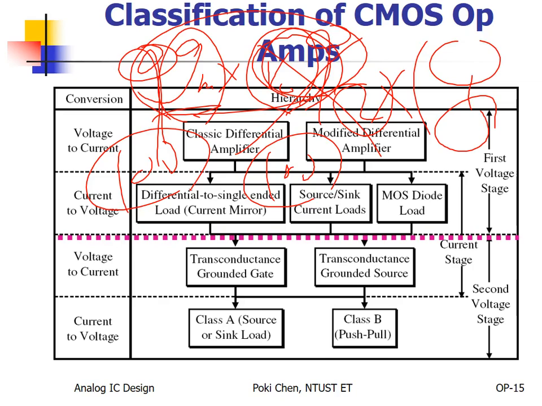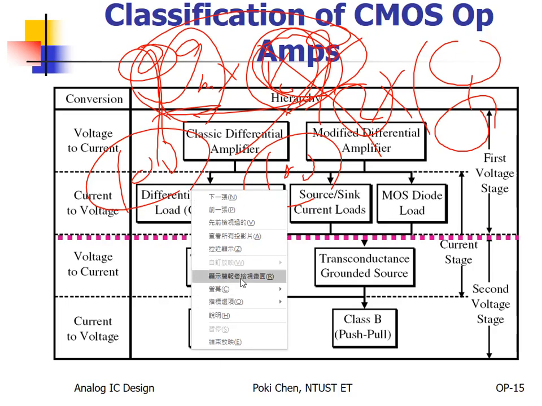So that is the power of cascading. But the good is also the bad. Only if you have enough supply voltage range. Only if your supply voltage is high enough. Otherwise, cascading sometimes is hard to apply.